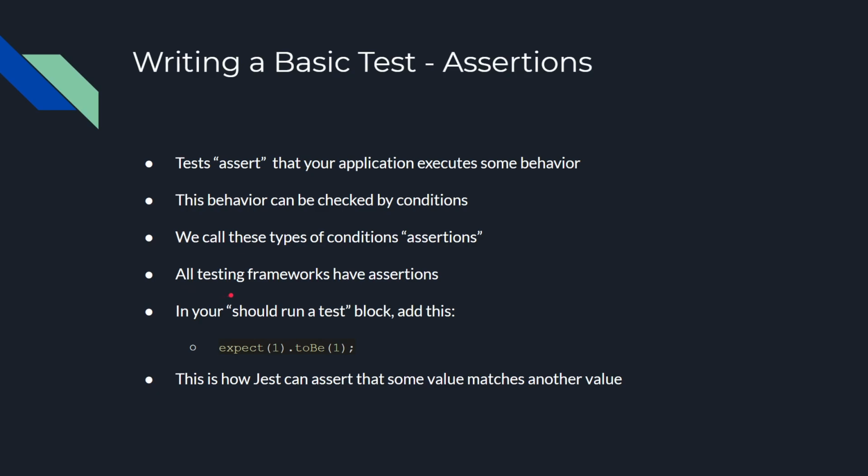So to do a quick, really basic, simple assertion, and I'll explain what exactly this is in a minute, first I just want to get you writing some code. In your should run a test block, add this code in the function callback: expect(1).toBe(1). This is just a brief example of how Jest can assert that some value matches some other value. We assert that the value 1 matches the value 1.